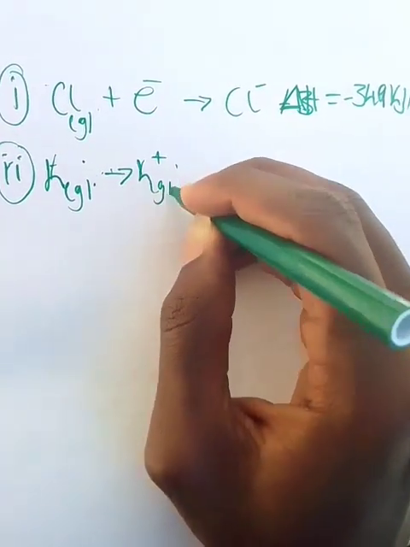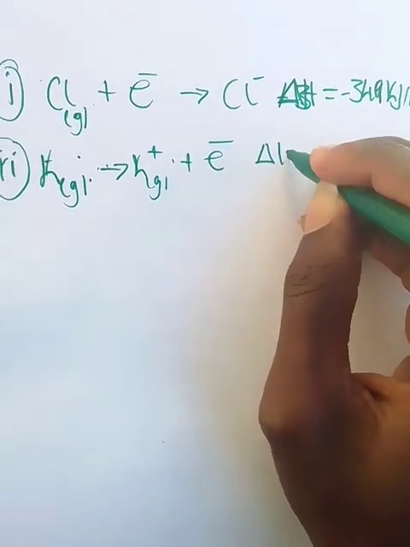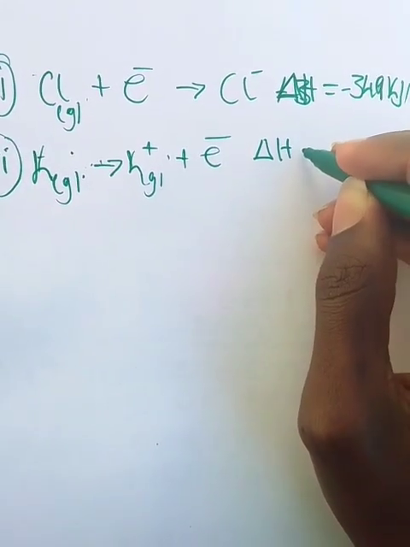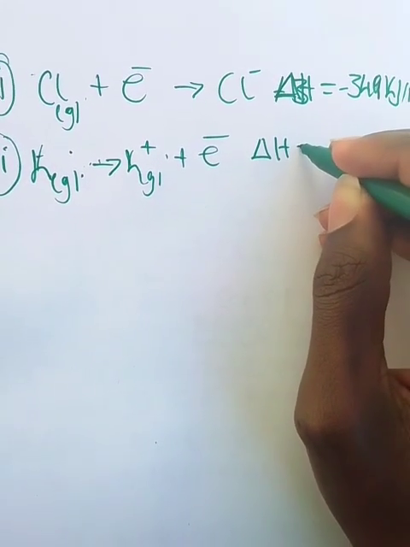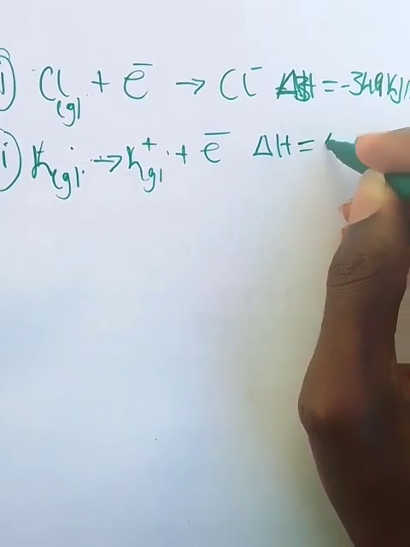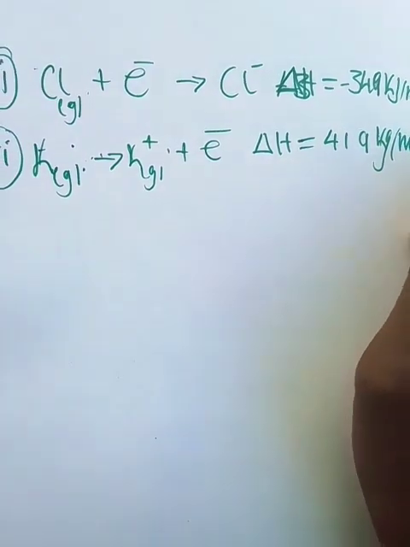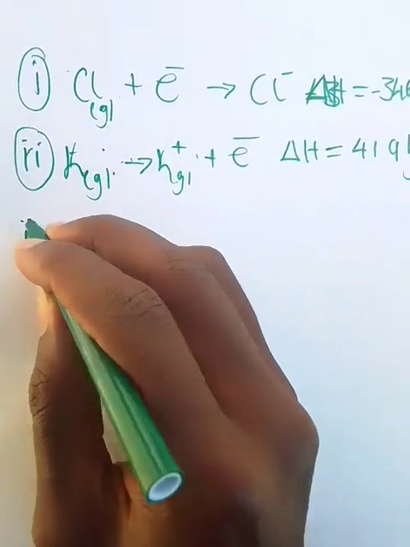It is still gaseous, and this is the electron that it has lost. The energy given for this one is 419 kilojoules per mole.